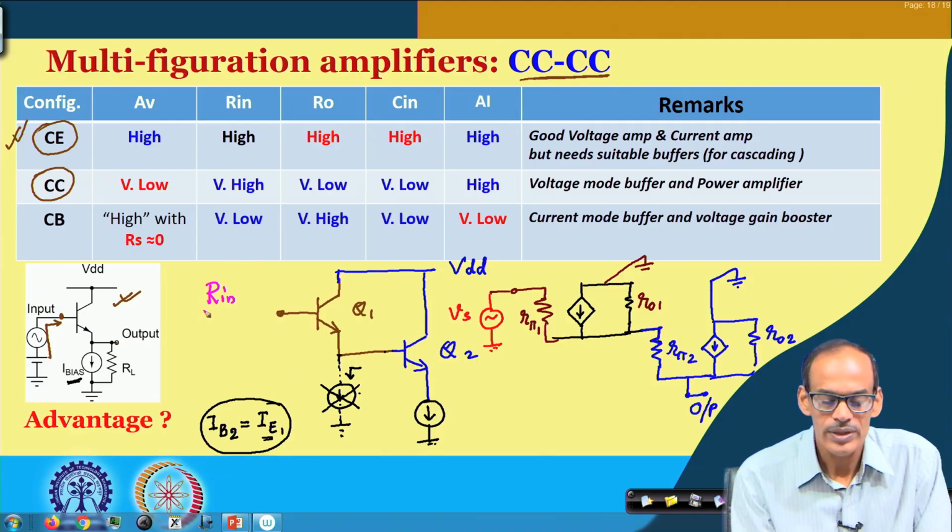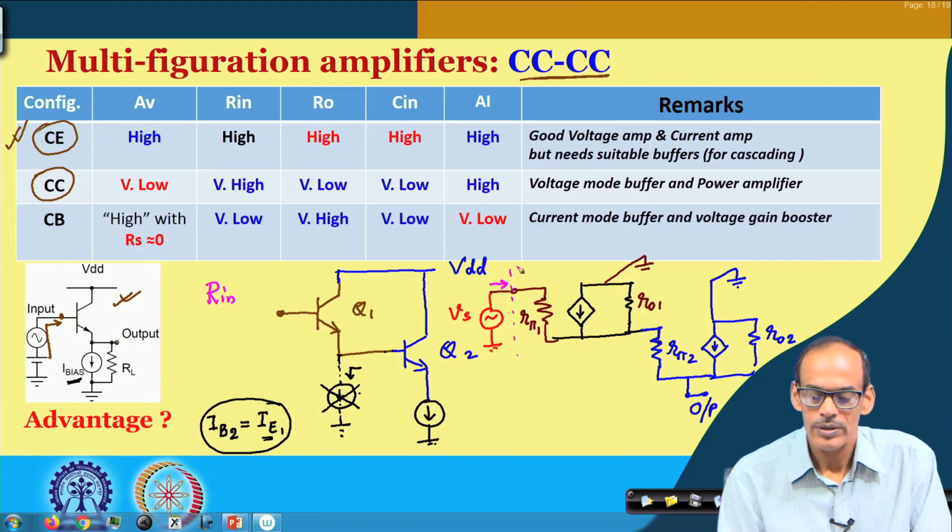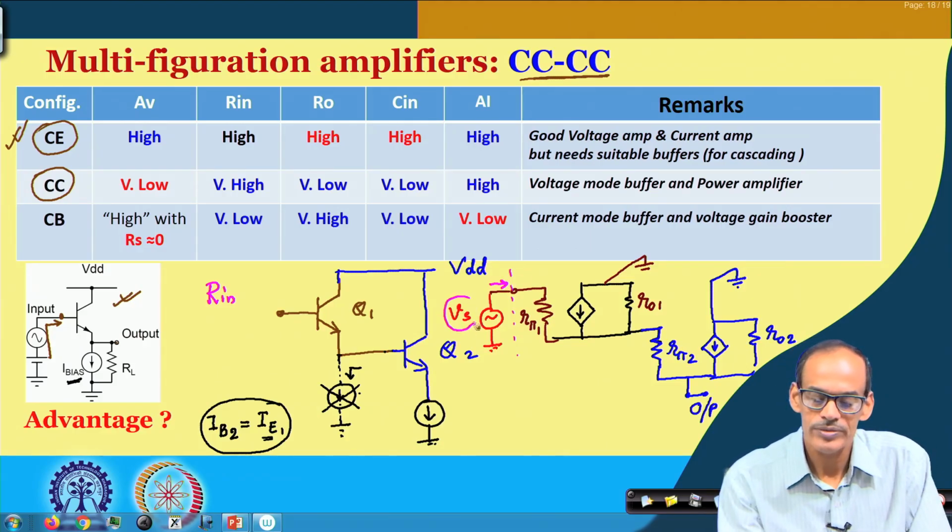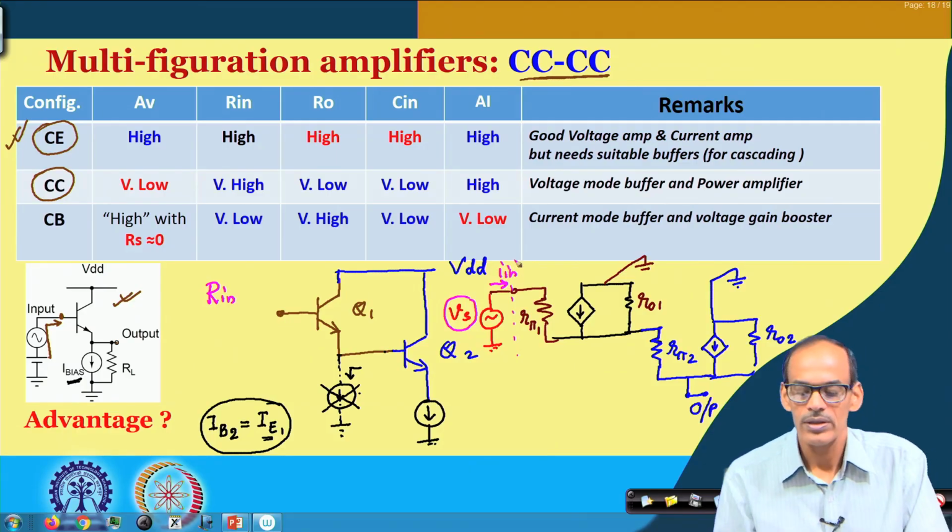To get R in, of course, we can analyze the whole circuit, find the corresponding input current, and then take the ratio of Vs and I in. From that you can get the expression.